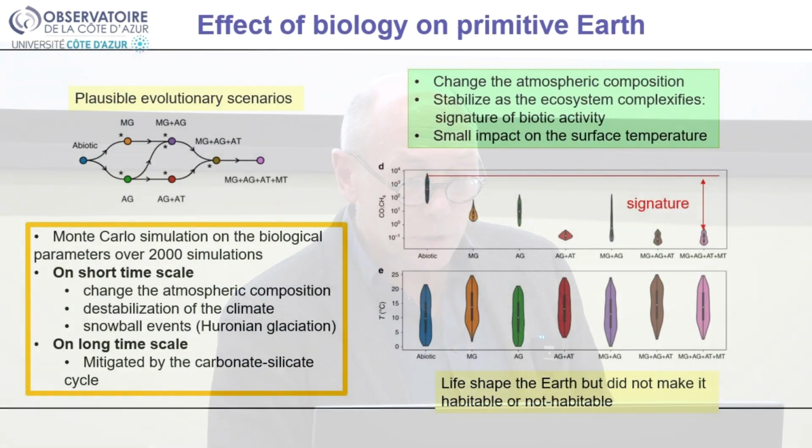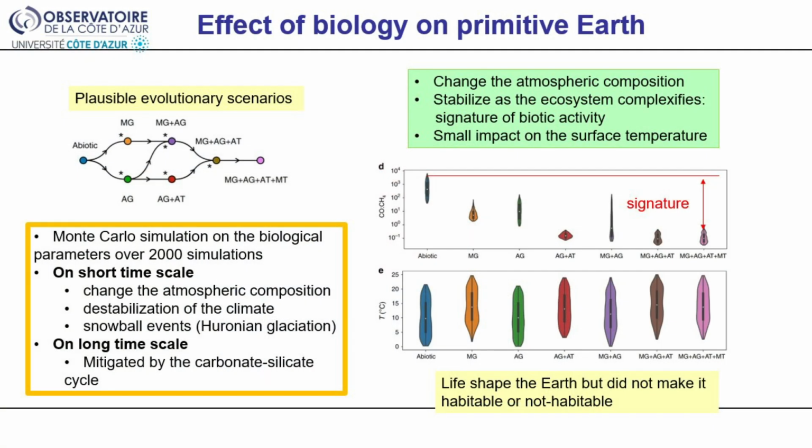So if you run your simulation long enough, you are going to find a steady state. Even though we've changed the atmospheric composition, in all those cases, thanks to the carbonate-silicate cycle, you mostly did not change the surface temperature.